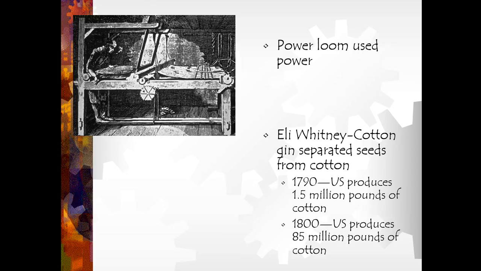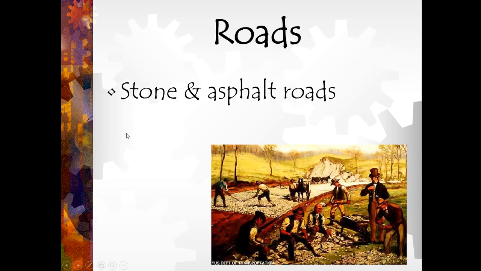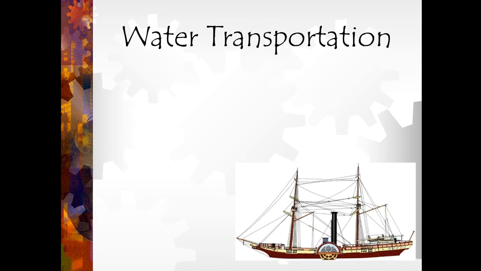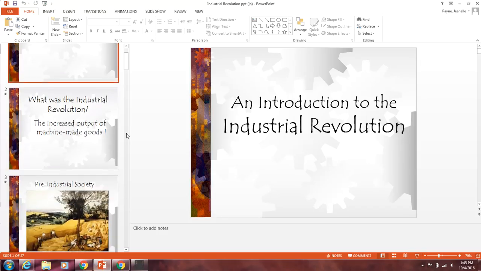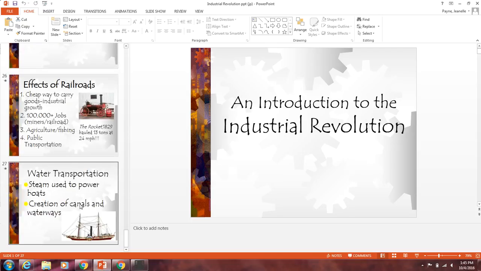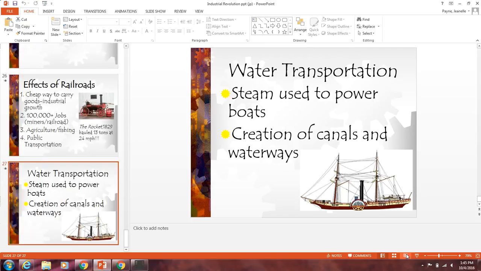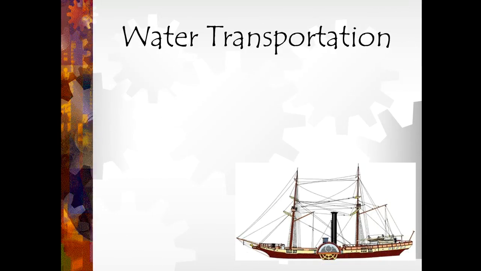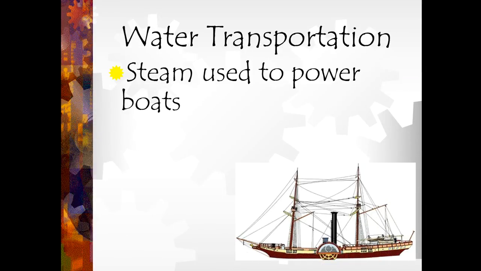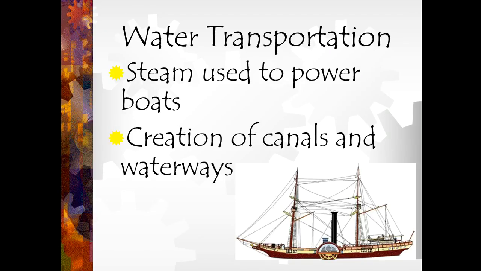Britain also had, and I'm going to skip ahead here. Britain also had, oops, too far. Sorry, guys. Water transportation. And so what Britain had to help them industrialize first was they used steam power to power their boats, but Britain also worked to create canals and waterways.